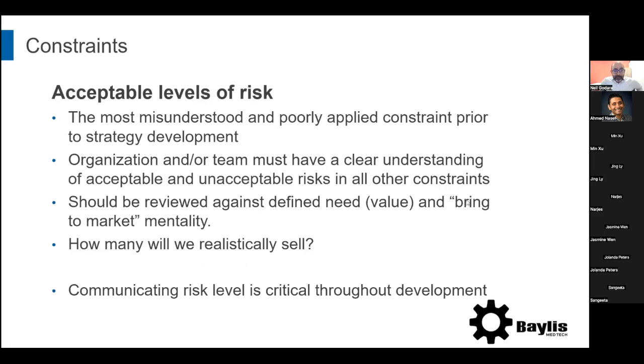Okay, this is a really important slide, and certainly one I never understood when I first started at Baylis, which is: what is an acceptable level of risk? This is the most misunderstood and poorly applied constraint.